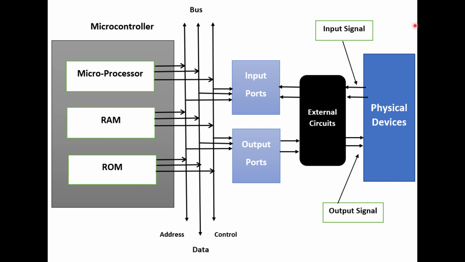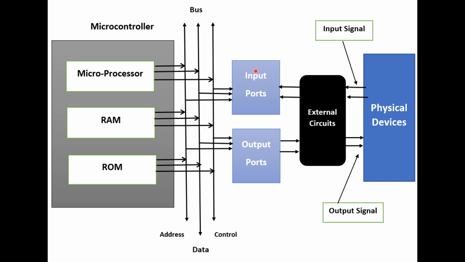This diagram completely defines and describes a microcontroller, or a microprocessor as a part of a microcontroller. So this is the complete diagram of a microcontroller. A microcontroller has a microprocessor, inbuilt RAM and ROM, and input ports.